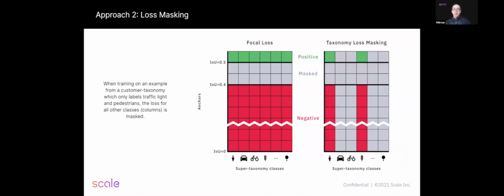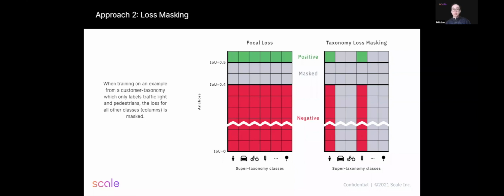Now I want to talk about the loss function we use in this super taxonomy approach. In focal loss or in RetinaNet, when the IOU of the anchors and the ground truth is between 0.4 and 0.5, depending on the hyperparameters, the gradient of those anchors are zeroed out because these anchors are ambiguous. We took a similar approach when dealing with images that are not completely annotated according to the super taxonomy.